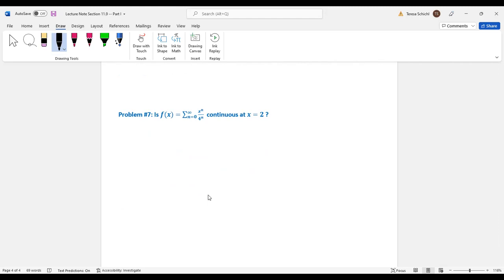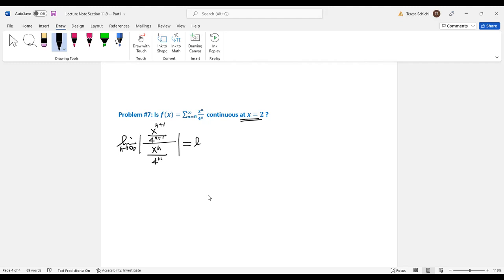So the first thing, I need to find where my domain is. That's why I need to use what we call the ratio test. So this one here is a sub n, so this will be x to the n plus 1, then a sub n plus 1 over a sub n.